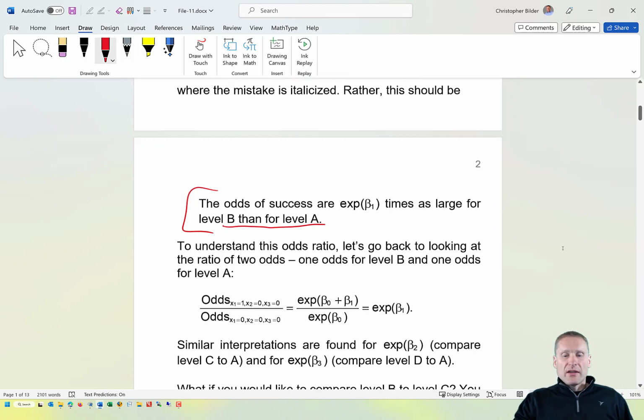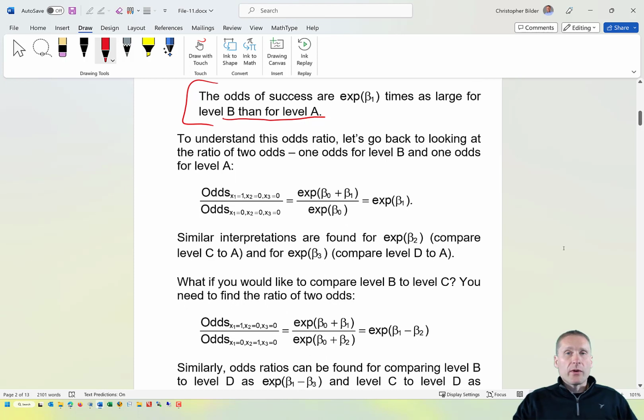To further see this, let's take a look at how we would form an odds ratio. Again, basic principles, an odds ratio is a ratio of 2 separate odds of a success. So in this particular case, the odds of a success for, let's say, level B would be where I have x1 equal 1, x2 equals 0, x3 is equal to 0.